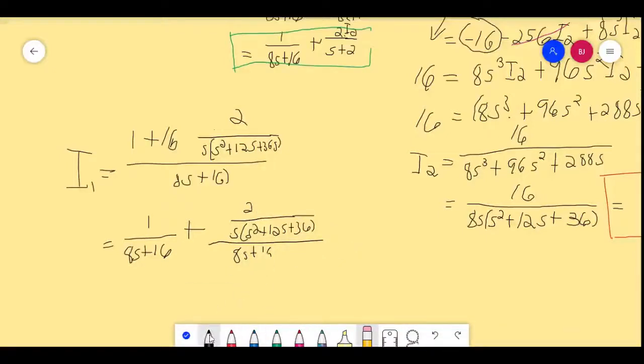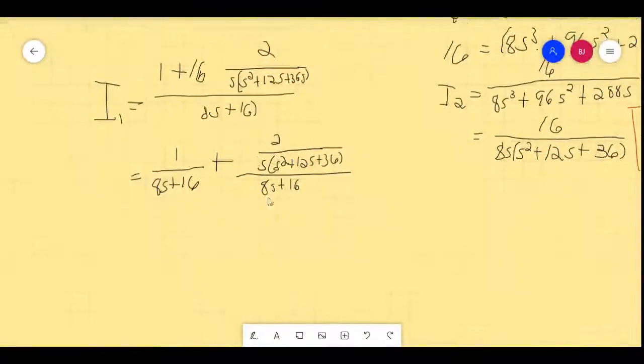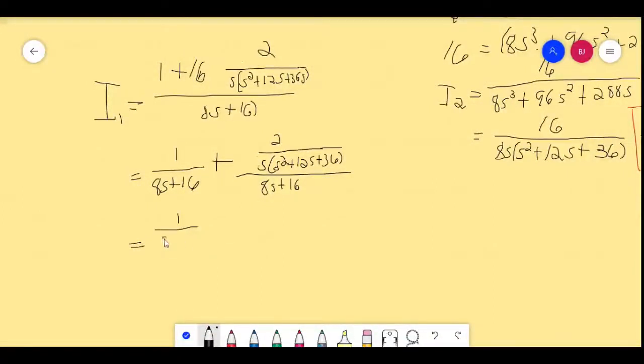Then we'll put this on the top side, reciprocal. So we will be having 1 over 8s plus 16 plus 8s plus 16. We put it on the top.